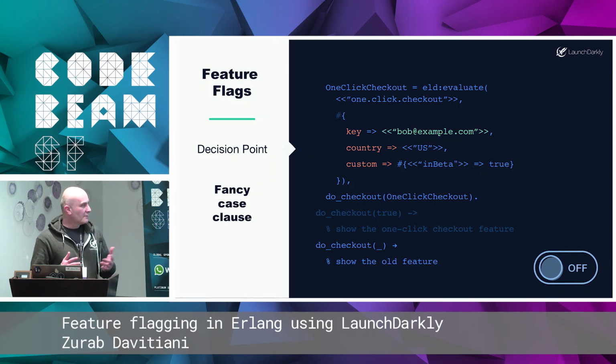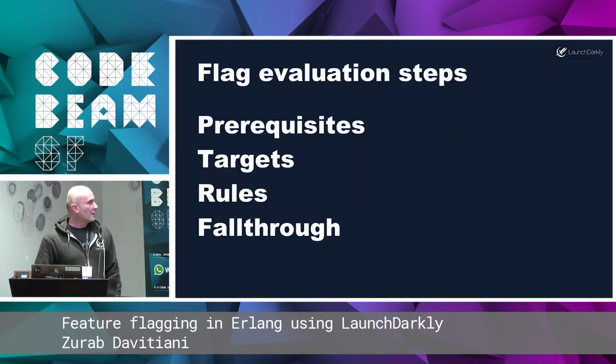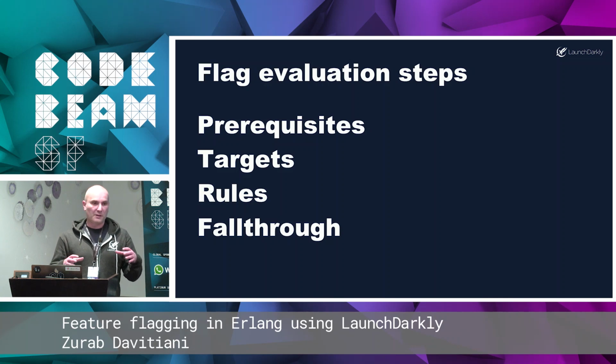Okay, that's great, but what's going on underneath when we evaluate a flag? Well, there are different things that happen. I'm not going to go into detail on each one of these, but other flags can be prerequisites for the particular flag we're evaluating now.